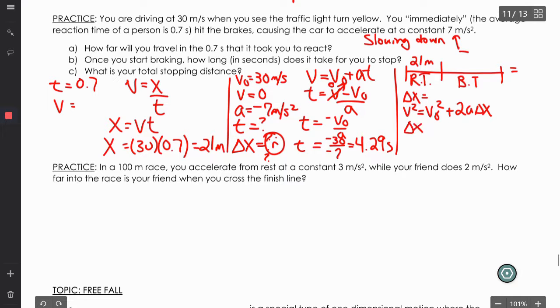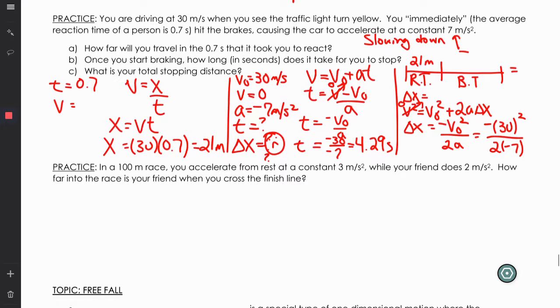Again, we can do some simplifying. v is 0, so that's going to be negative v0 squared over 2a. That's negative 30 squared over 2 times negative 7. You're going to get 900, because that's what 30 squared is, divided by 14.